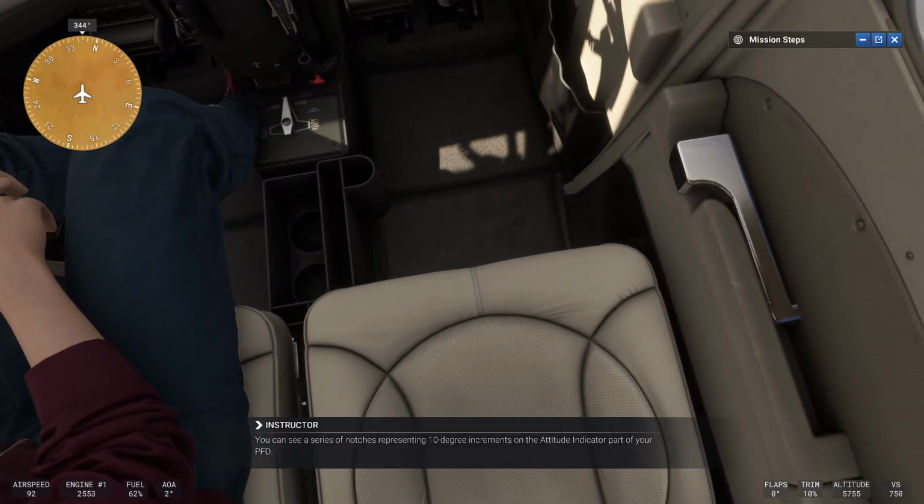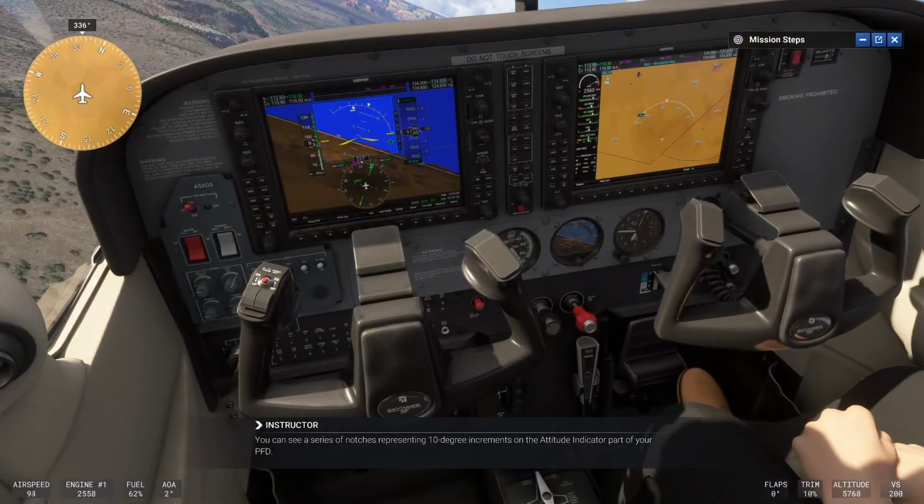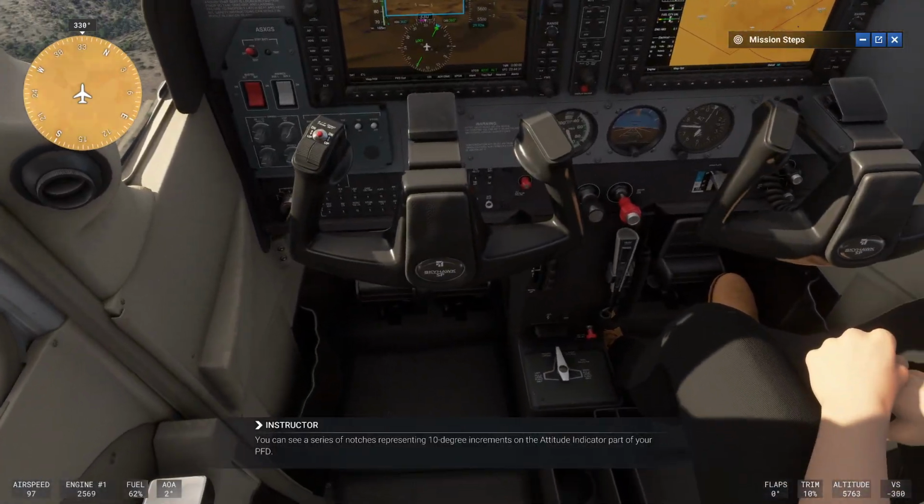You can see a series of notches representing 10-degree increments on the attitude indicator part of your PFD.